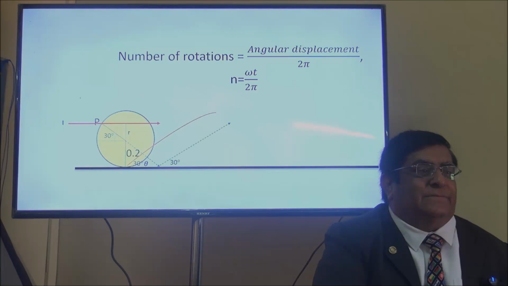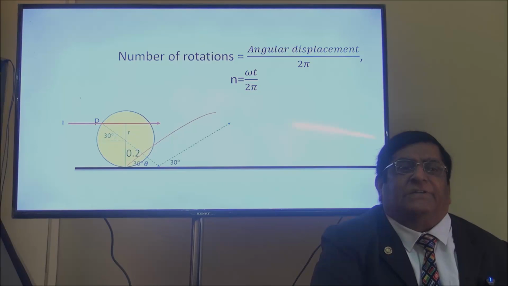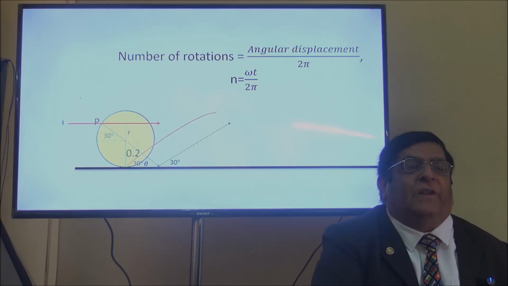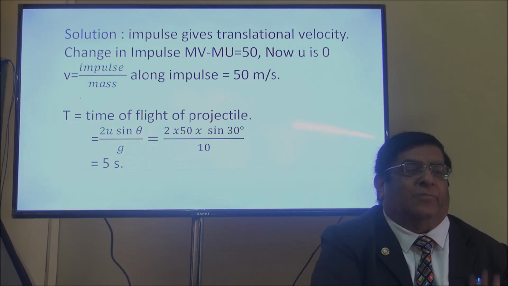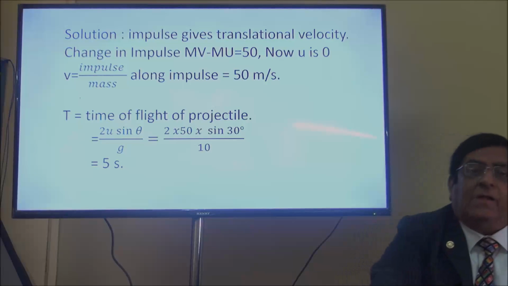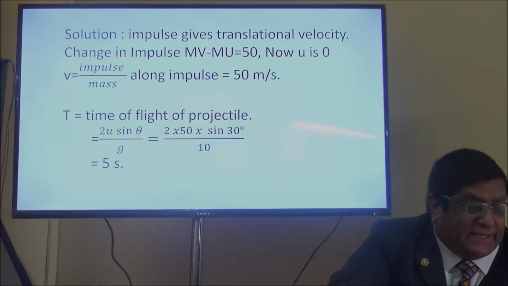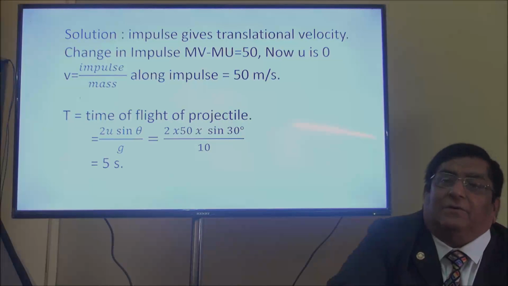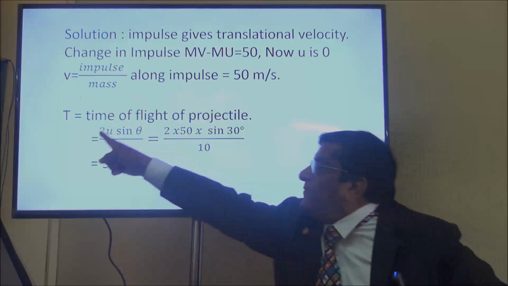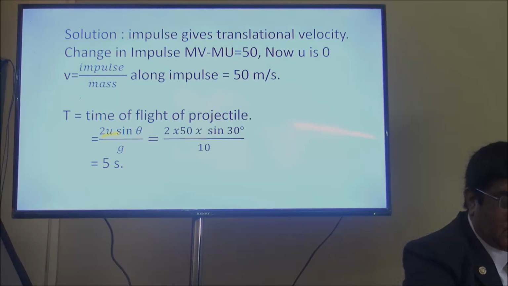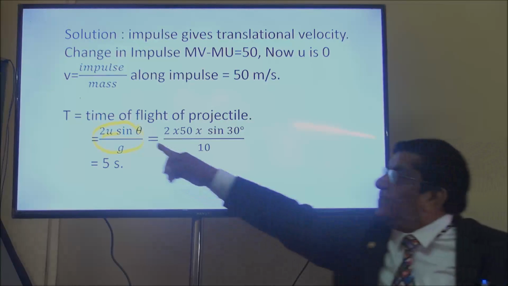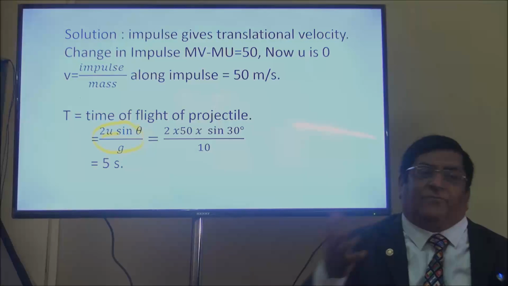Now t, because we have thought of it as a projectile motion, we will remember the formula for t in projectile motion. This is the formula for t. You have seen this? Okay. For this, we will find t.